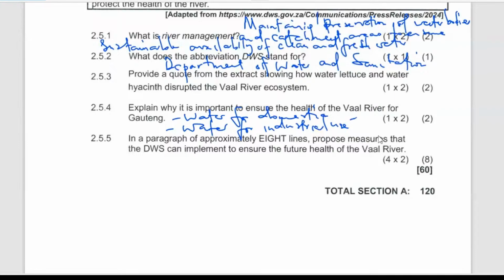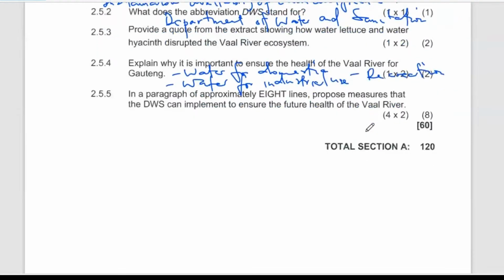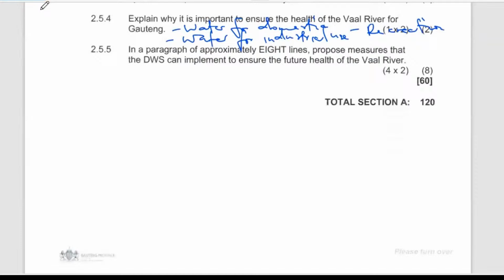And also it is used for recreation for the Gauteng people. So it's most important that we ensure the health of the Vaal River for those activities to continue happening. There are recreational activities that happen in the Vaal River, in the Vaal Dam. We need water for domestic use. We also need water for industrial use, and ultimately for the sustenance of jobs for people in the industries. They rely on the water from the Vaal. So we need to ensure that there is healthy sustenance of the Vaal River.